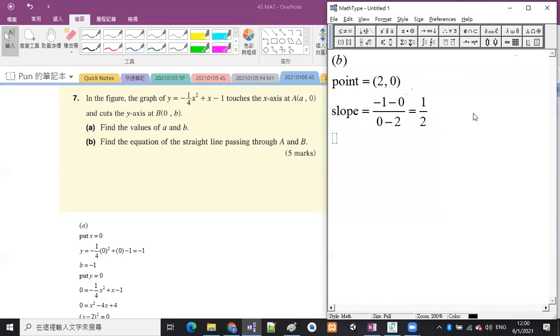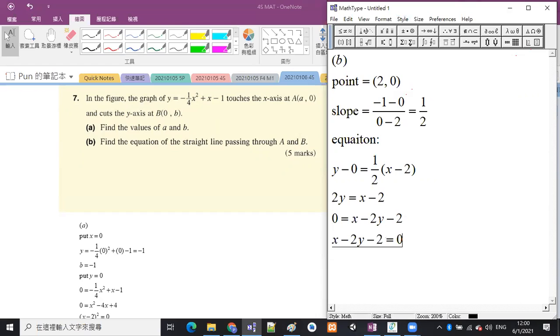So the equation is y minus y1 equals m times x minus x1. So 2y is equal to x minus 2, and then x minus 2y minus 2 is equal to 0. Okay, so that is the answer.